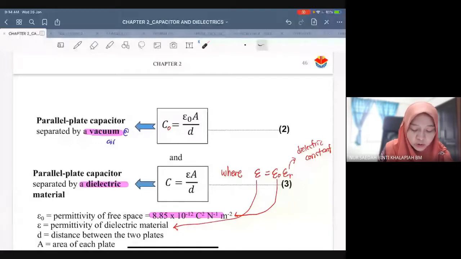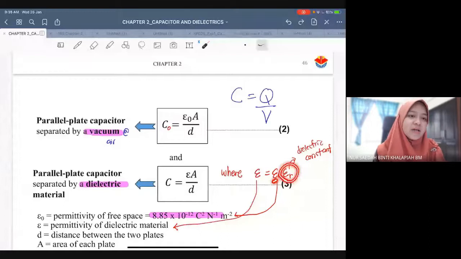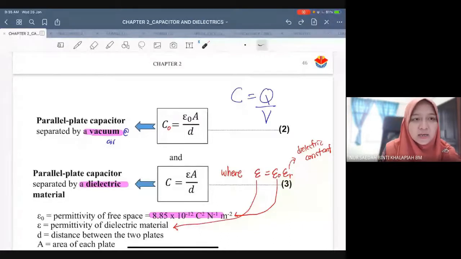Okay, epsilon yang tak ada apa-apa ni, epsilon only, is the permittivity of dielectrics. Epsilon not is the permittivity of free space. ER adalah dielectric constant.